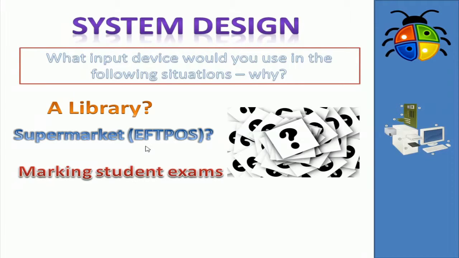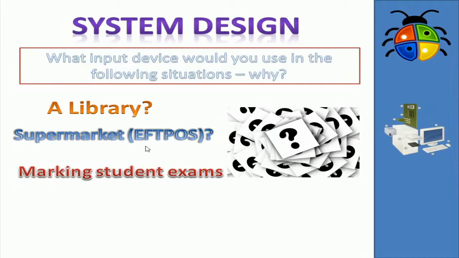So, those are our input devices. Now, I'm aware there's a lot of them, and those are just the stranger ones. So I would suggest you investigate them. A good way to investigate is to think about which type of input device you would use in the following situations, and very importantly, why.